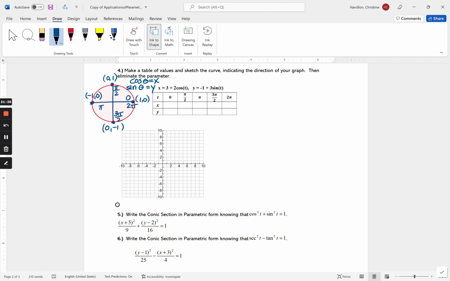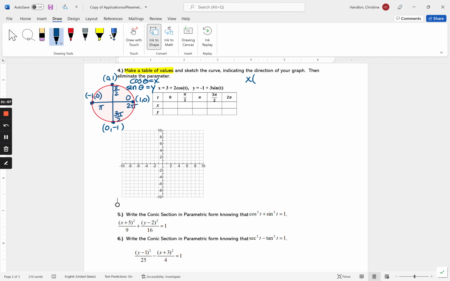Why do you need to know that? Here's why. Notice here they're wanting us to make a table of values and eventually sketch the curve. But let us just focus on making a table of values. In order to do that, we need to substitute the values in our table into our equations and evaluate.